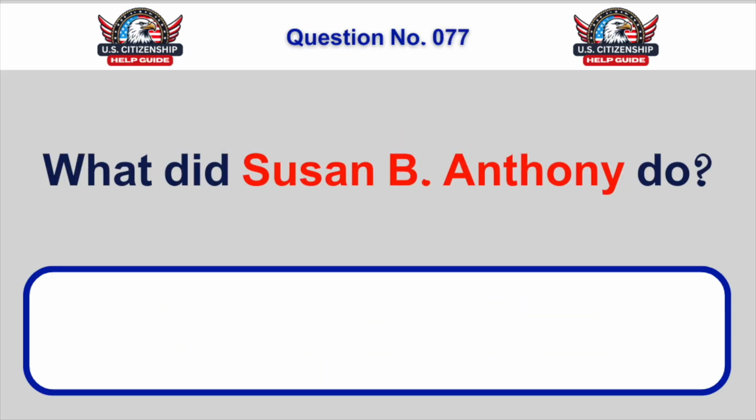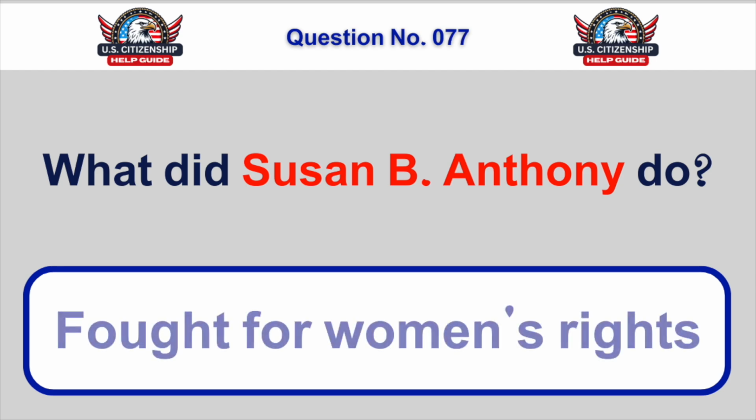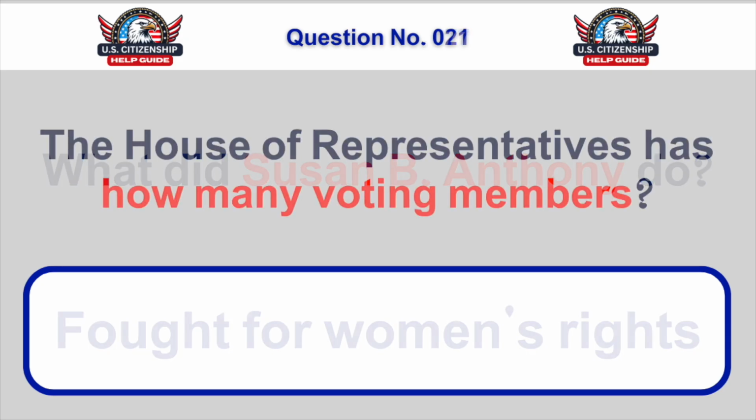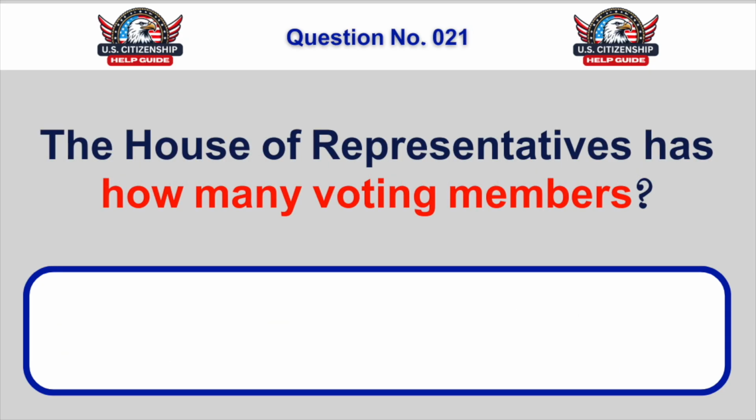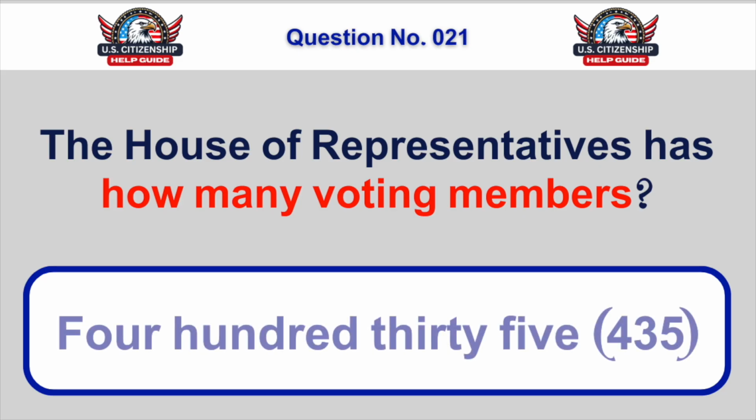What did Susan B. Anthony do? Fought for women's rights. The House of Representatives has how many voting members? 435.